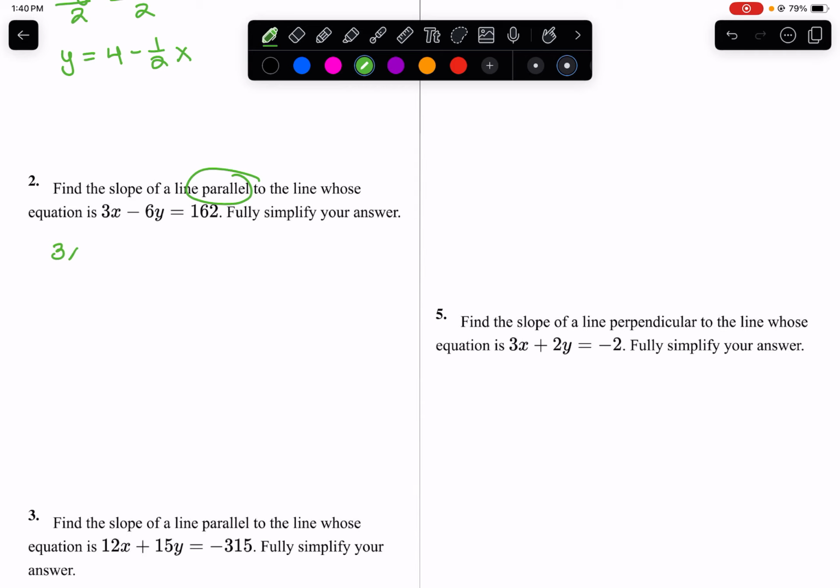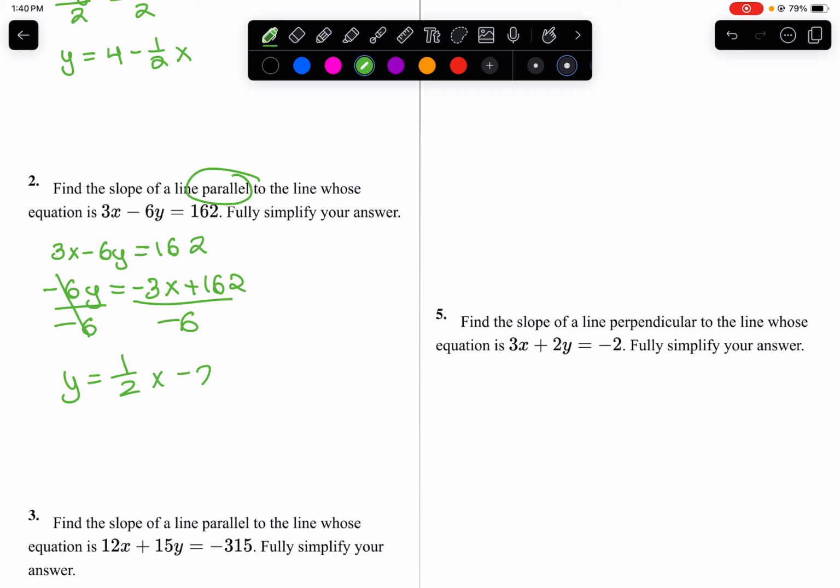So the first thing you want to do is solve for the slope by putting it in y-intercept form. So I move the 3x over, and now I'm dividing both sides by -6. So I have 1/2 x minus 27.